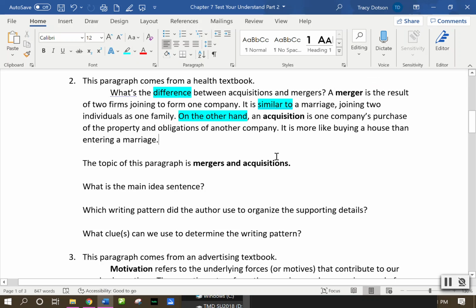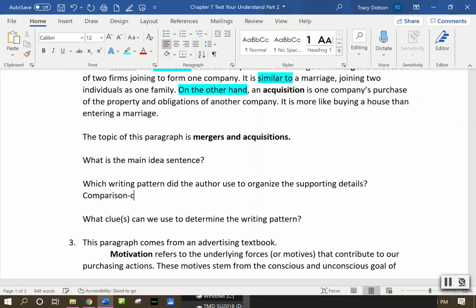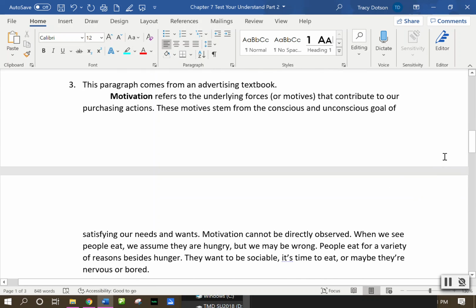But remember, you can do other patterns as well. So you are defining what a merger and acquisition are, but here we're overall showing the difference and similarity. So for this one, it would be a comparison contrast pattern.